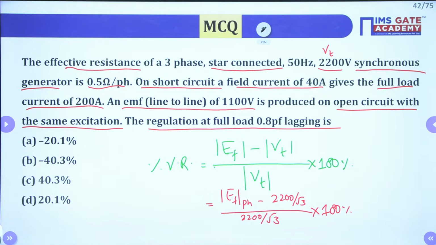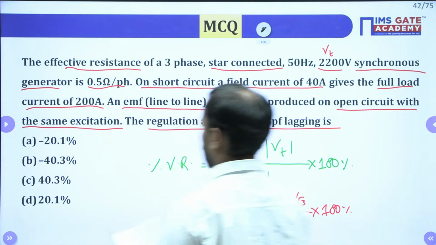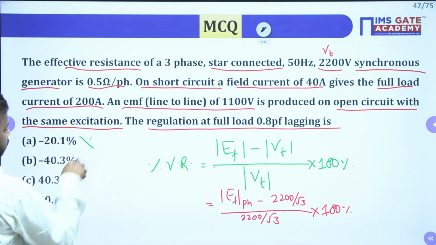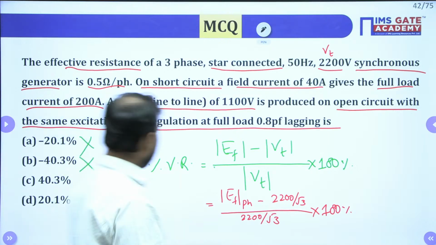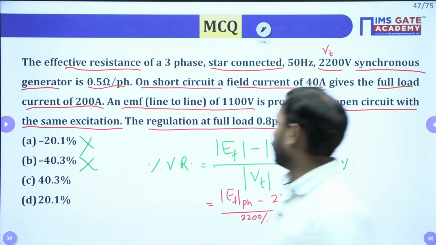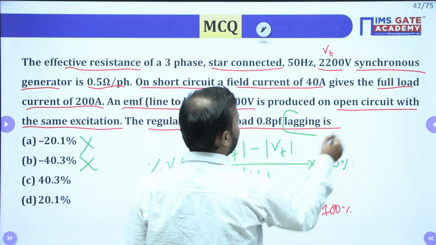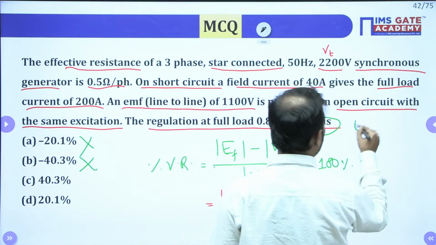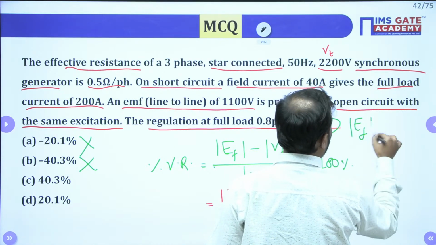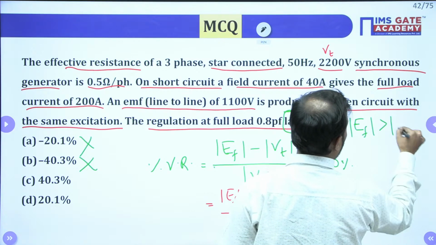Now one thing for sure, the negative voltage regulation is not possible. The reason is, for the generator with a lagging power factor, your EF is always greater than VT.